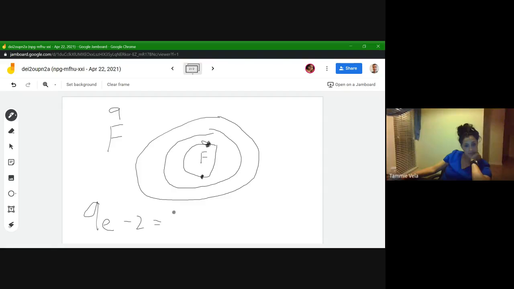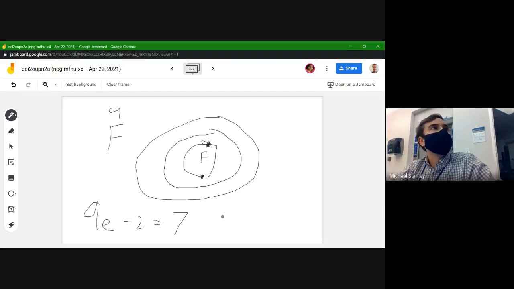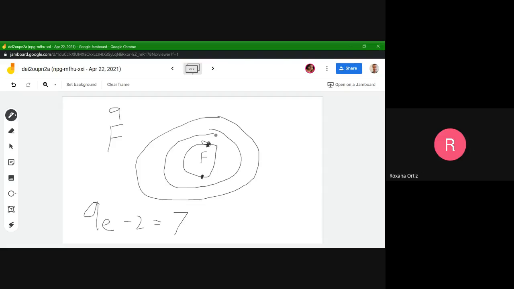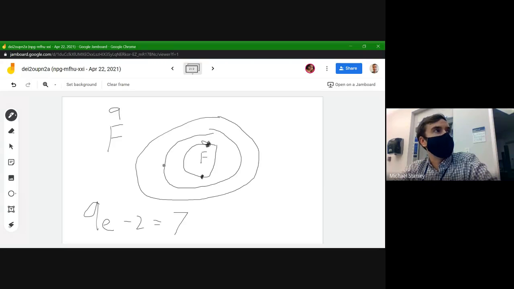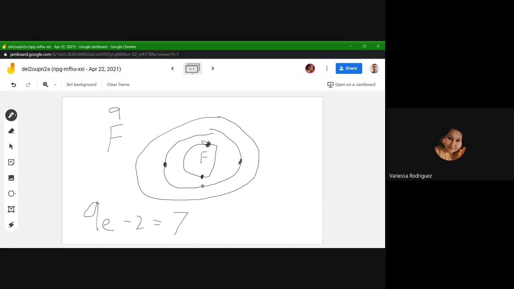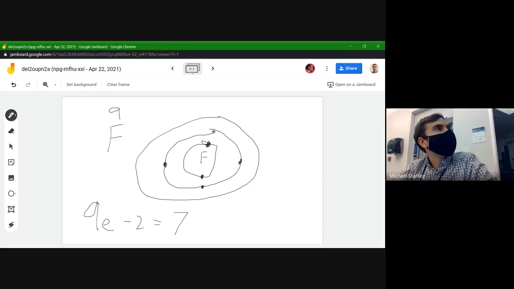7. Bingo. So how many electrons can we put out on our second shell here? 7. Exactly. See, you guys are getting the hang of this. So we can fit 1, 2, 3, 4, 5, 6, 7 electrons on our second shell.